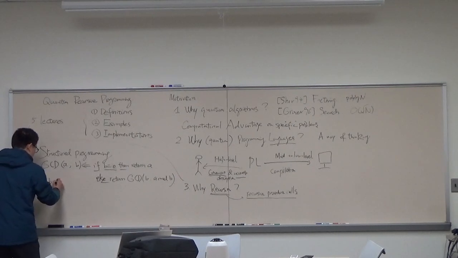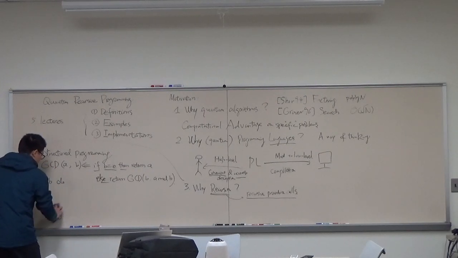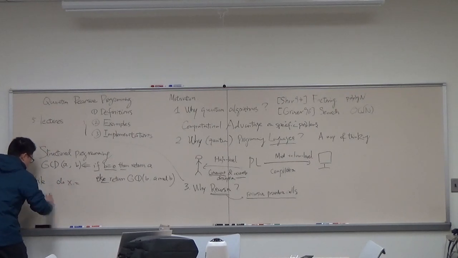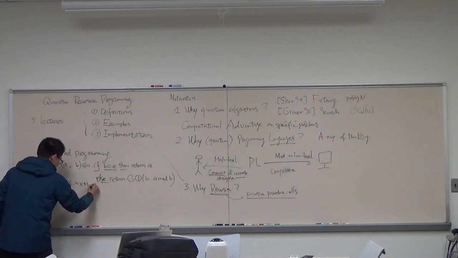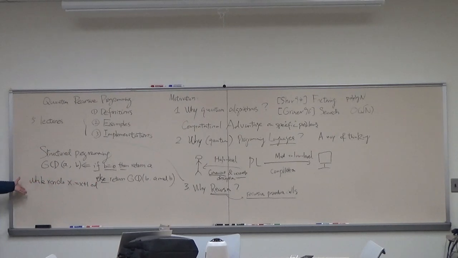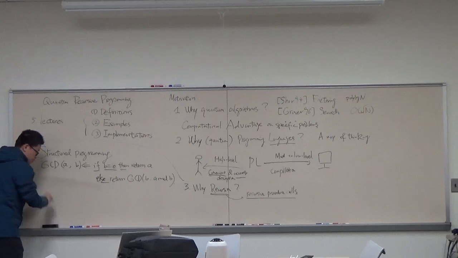If B is true, then we do some statement. Let's make it concrete: while x is smaller than some number, we increment x. So there are many standard primitives in classical programming. Okay, so let's focus on the recursion.